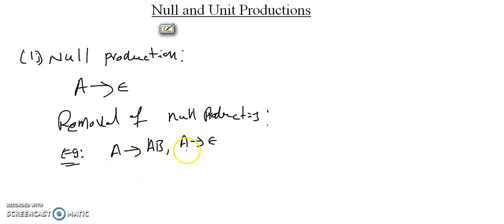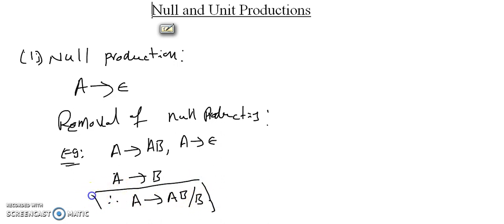If you substitute A tends to epsilon, we can generate A tends to epsilon B. Therefore finally, by eliminating epsilon, A tends to AB is one production and B is another production. This is one example.